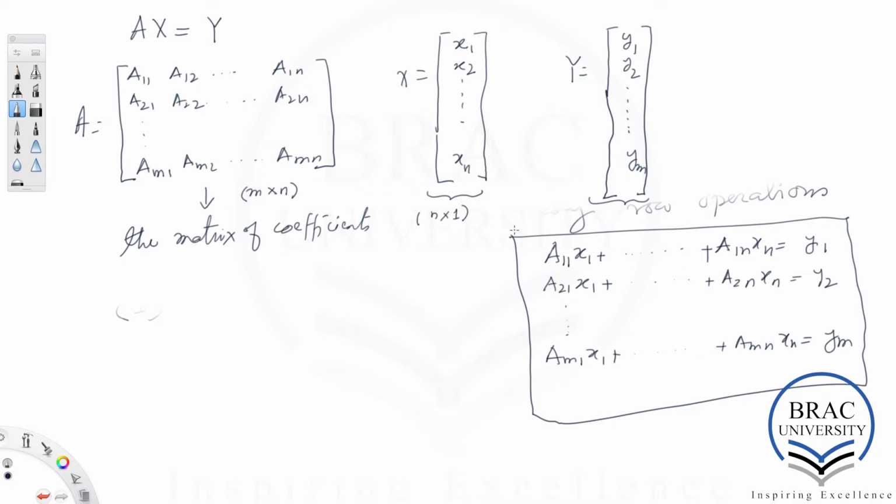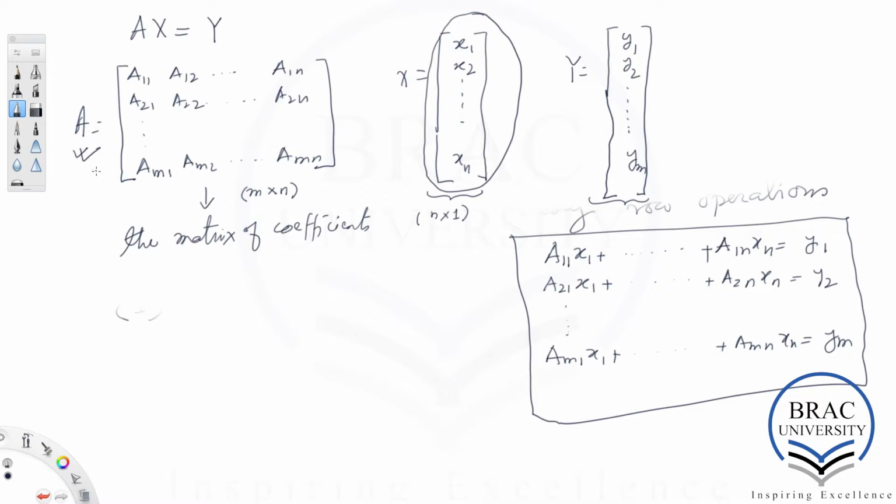And here, this n times 1 matrix, or column vector, is actually the column vector of unknowns.